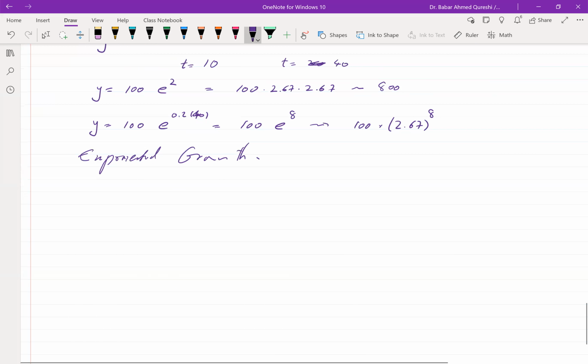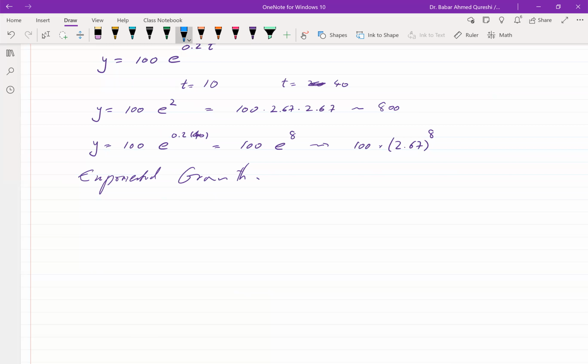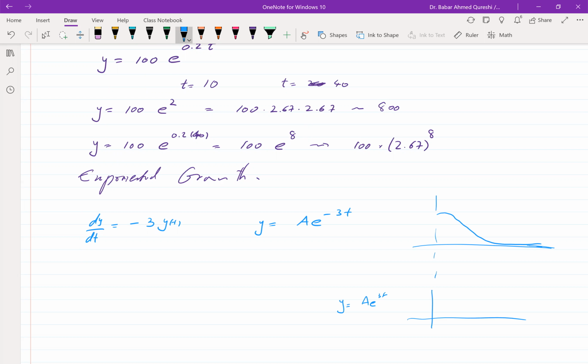On the other hand, if you had something proportional to a negative number, this solution would be, so this quantity, you start with something, decreases very quickly, goes to zero very, very fast. So that's the exponential drop. And this is exponential growth.